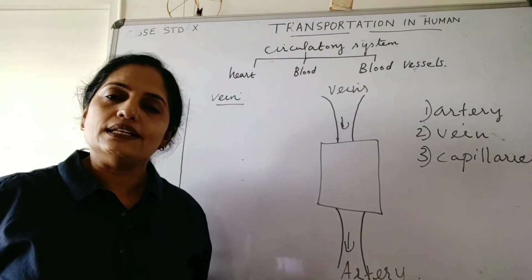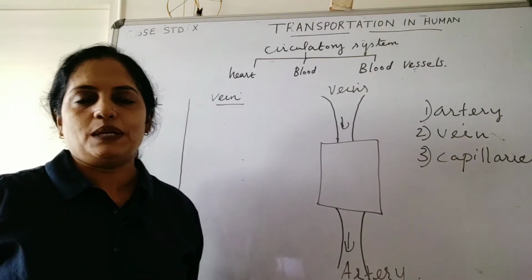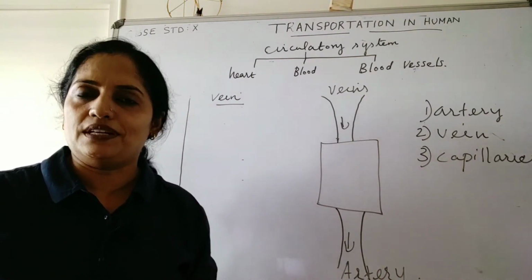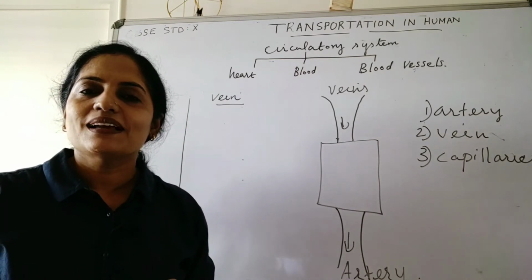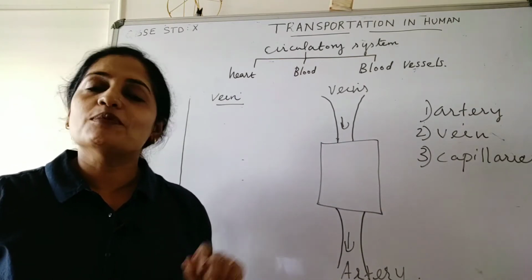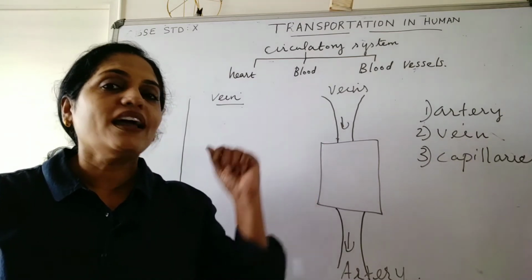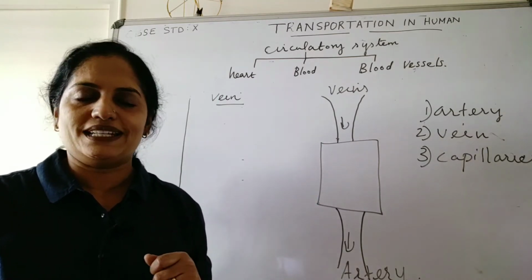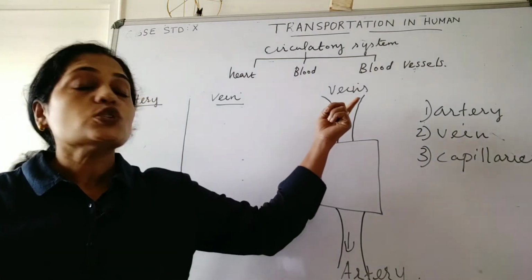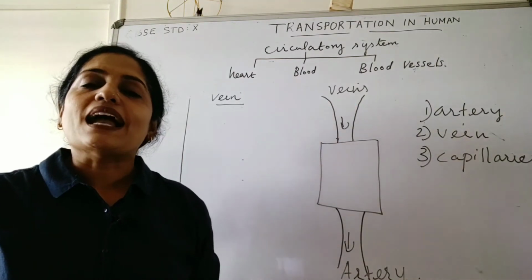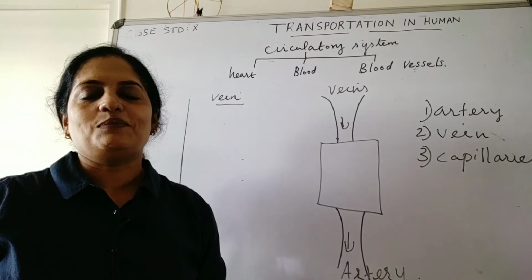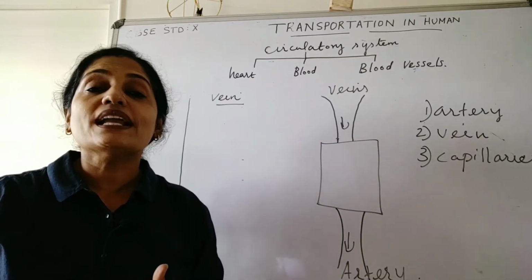Usually arteries carry oxygenated blood, but there is one exception. What is that? The pulmonary artery. The pulmonary artery carries deoxygenated blood to the lungs for the process of purification, and almost all the veins carry deoxygenated blood. There is also one exception.